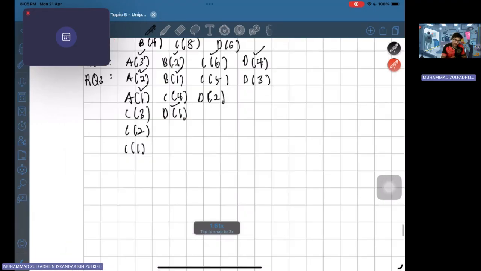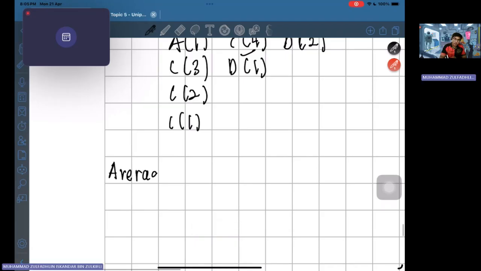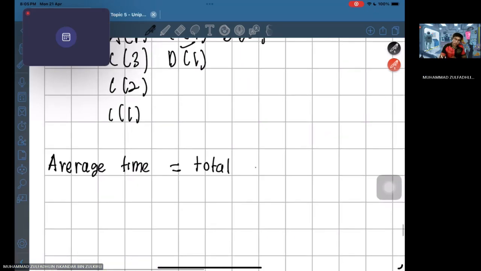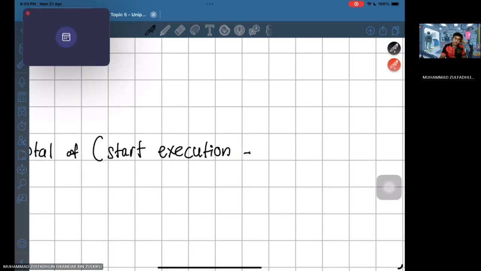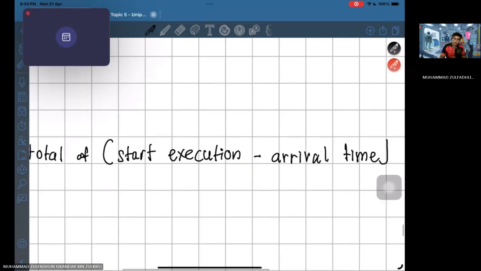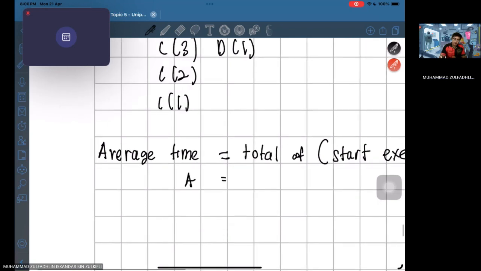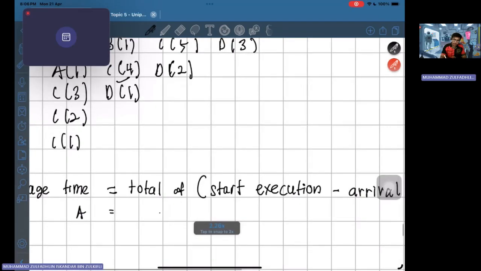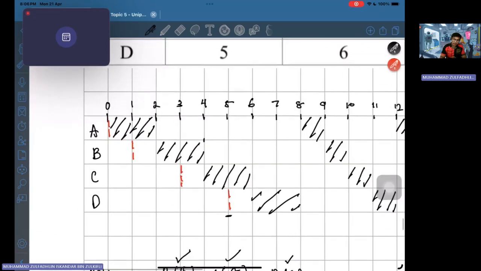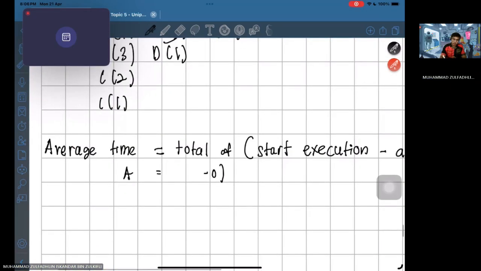So the formula of average waiting time is the total of start execution minus arrival. So for A, we look here. A arrives at 0, and it runs at 0 to 2.